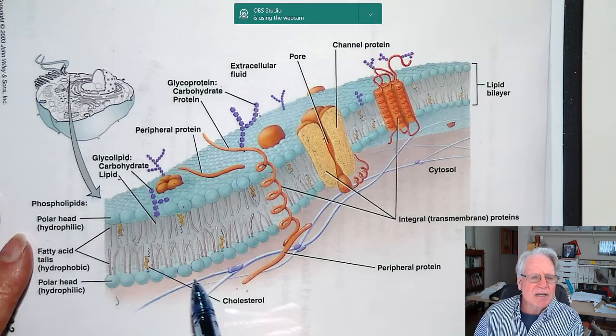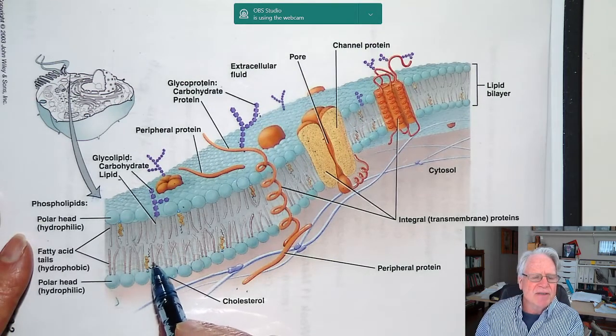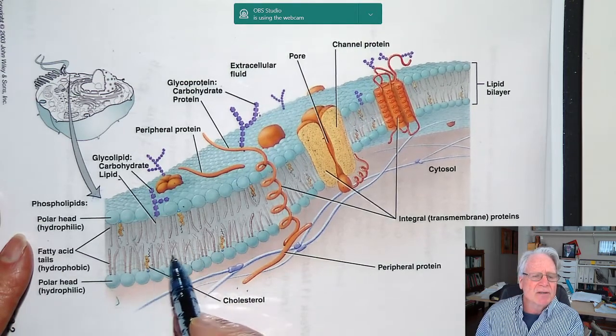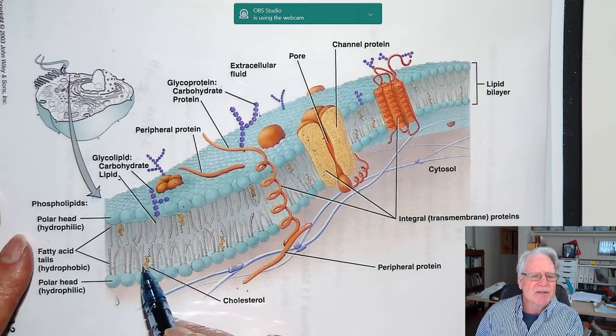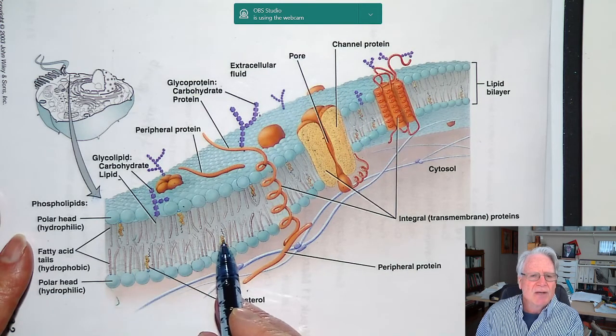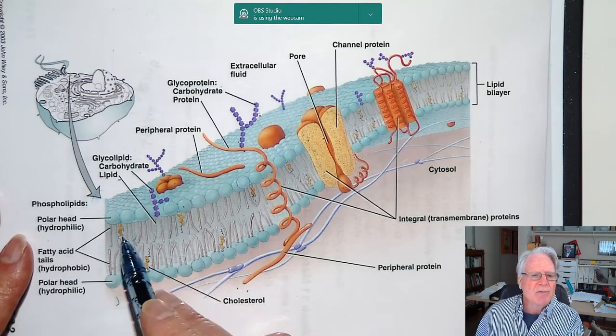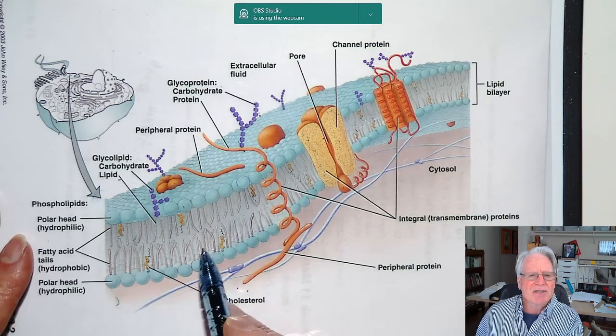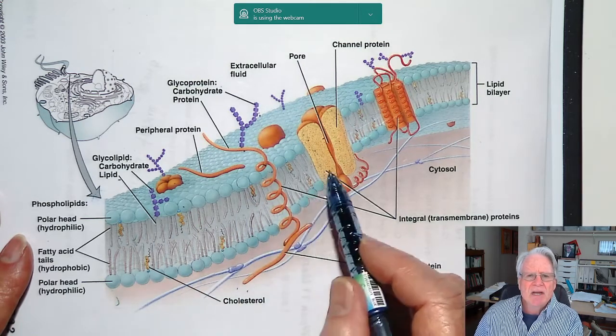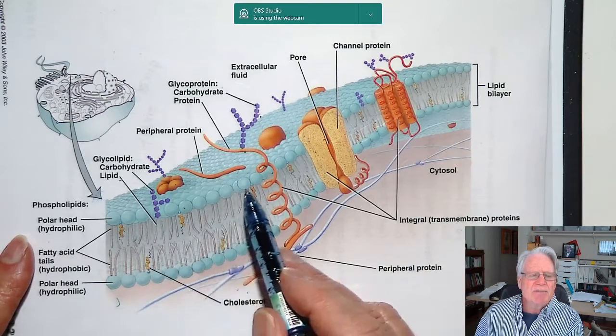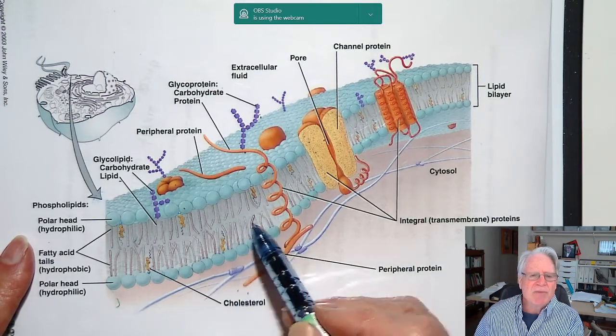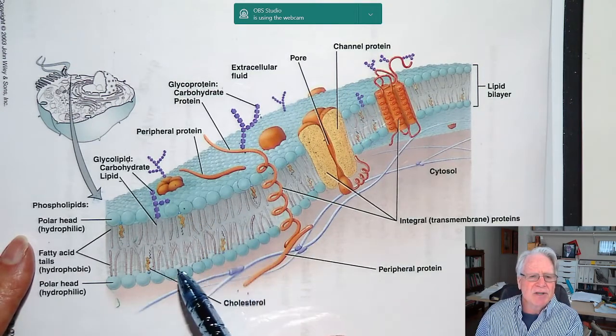We also see embedded within those fatty acids another lipid. This is cholesterol. We see that embedded within the membrane, and we'll talk about the significance of that later on. So this is the lipid bilayer, and keep in mind that this layer is produced automatically.